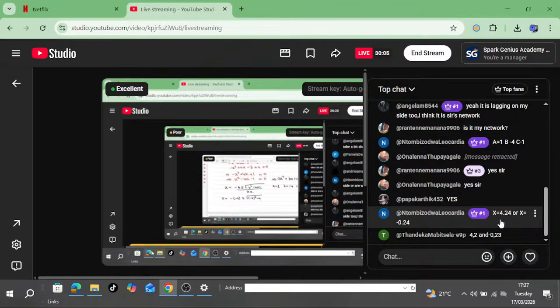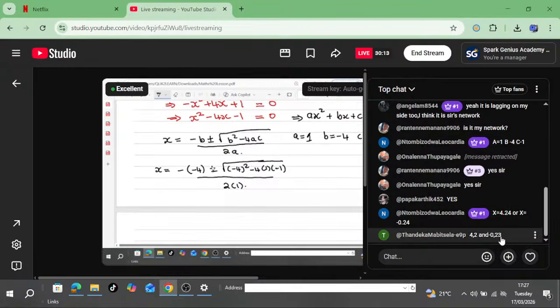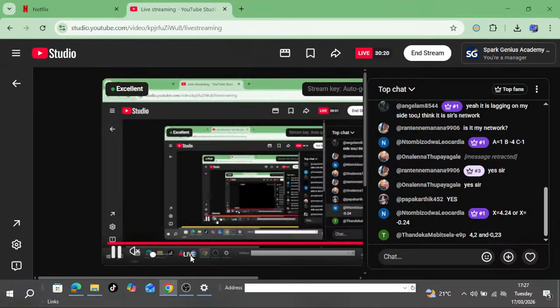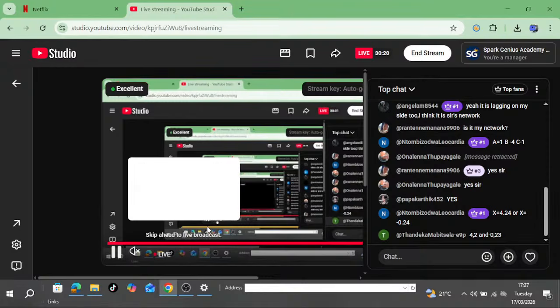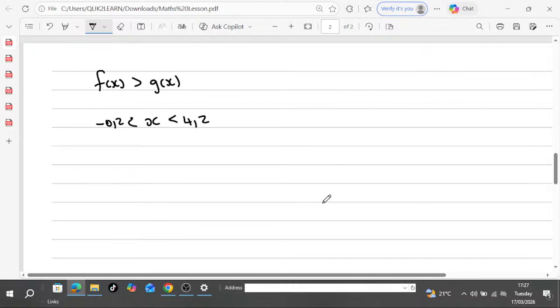Yeah, so I just rounded mine to 1 decimal place. It's fine. And then we have Tandeka also got the correct answer. Thank you very much. This is 0.2. I rounded my answers, guys, to 1 decimal place. I don't know why, but it's fine. If you round off yours to 2 decimal places, remember, you need to follow the instructions from the question paper.